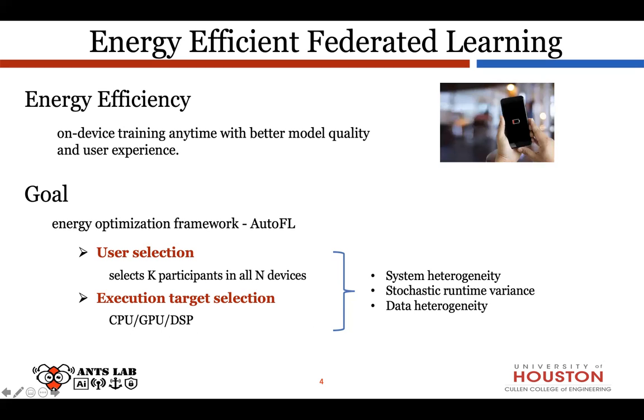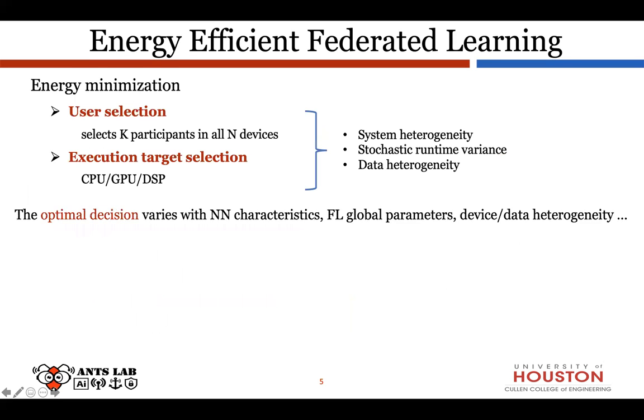At the same time, they consider the system heterogeneity, the stochastic runtime variance, and the data heterogeneity during the training. And this energy minimization problem is difficult to solve with optimization methods because the optimization decision varies with lots of components like the neural network characteristics, the federated learning global parameters, and the device or data heterogeneity.